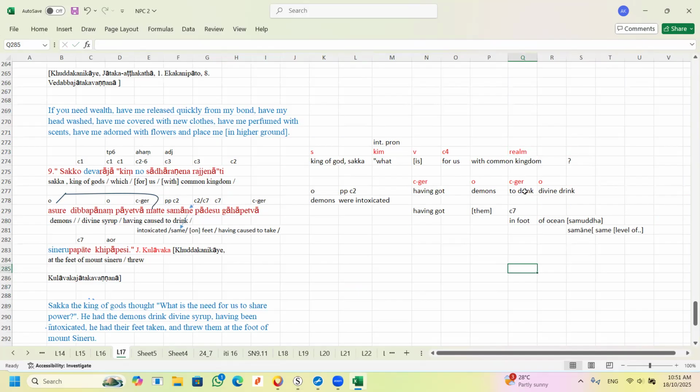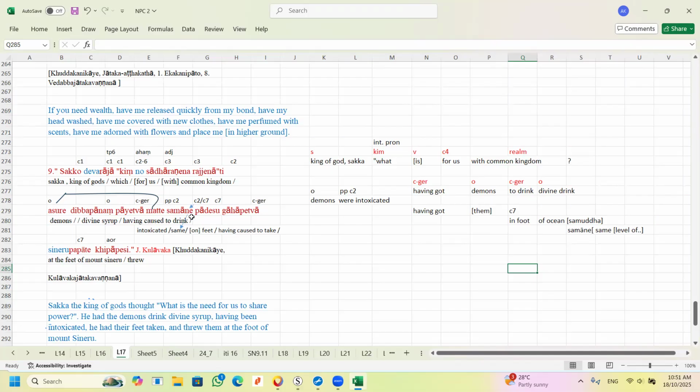Now part. Can you see here, run again, right to left. You see, gaha petwa, that means this is causative. Having got, the demons become them, because this is plural. Having got them.